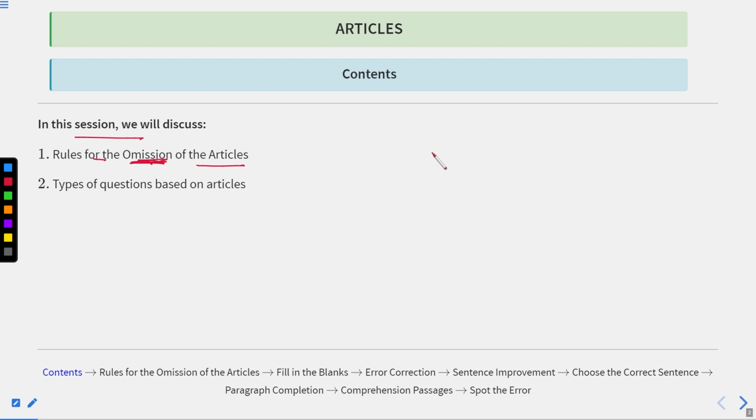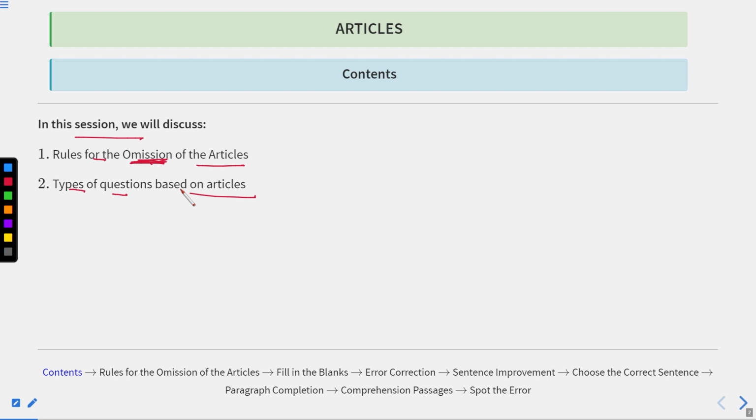Now, there are some rules which describe that articles cannot be used in certain situations. So, what are the situations in which we cannot use articles? We'll discuss this in this session. After that, we'll see some types of questions based on articles. It means from this chapter, what type of questions can be framed and how to solve them.